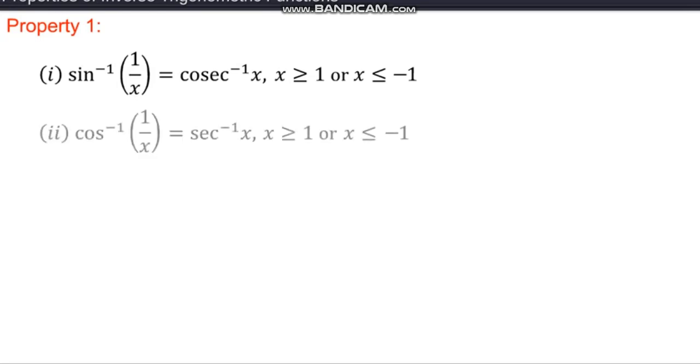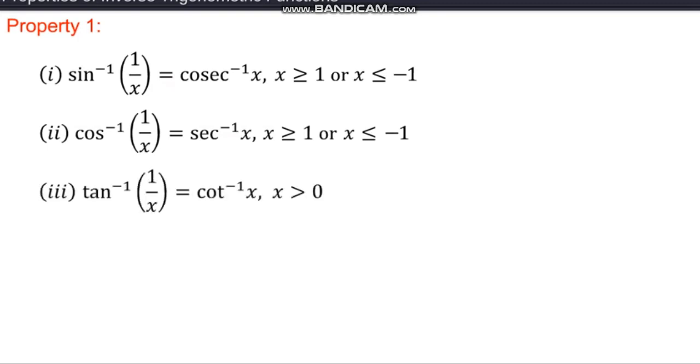Also, cos inverse of 1/x is equal to secant inverse x. Similarly, tan inverse of 1/x is equal to cot inverse x.